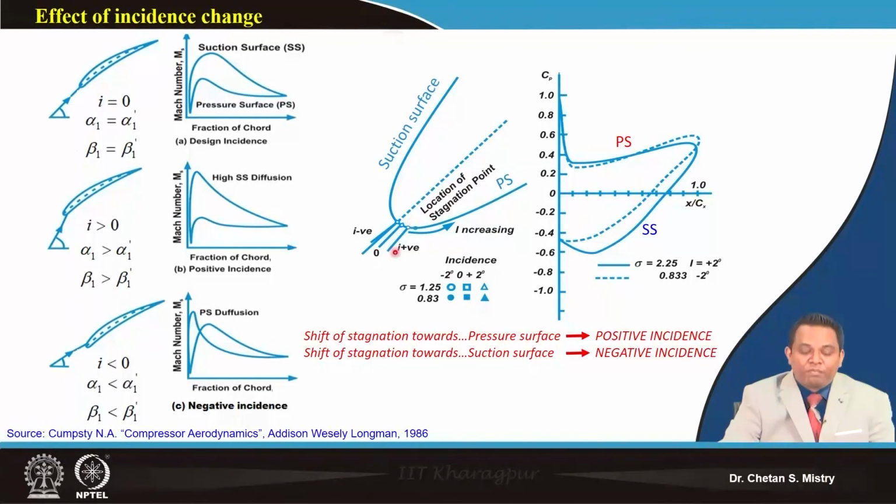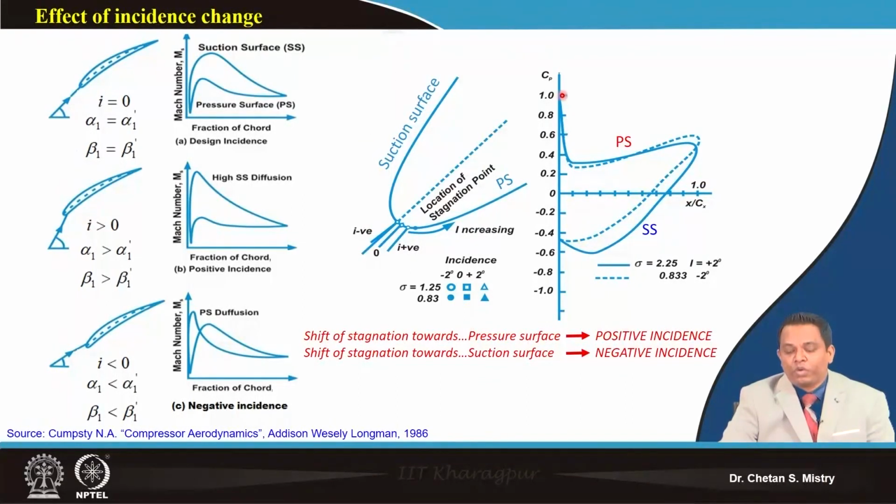When my stagnation point moves towards the suction surface, we say that is a negative incidence angle. So, this is the universally accepted nomenclature. People define the change of incidence angle with reference to the movement of the stagnation point, maybe moving on the pressure surface or maybe on the suction surface.